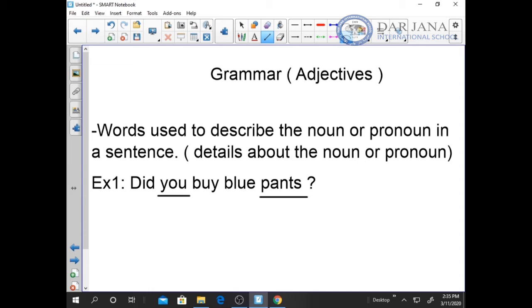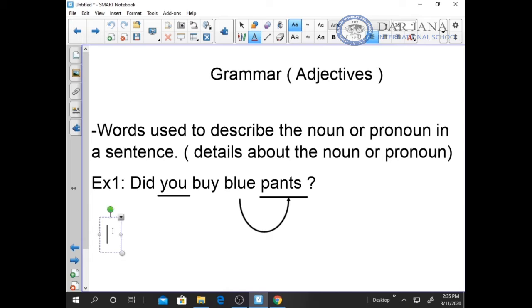Is there any word describing you? No, I don't have. Is there any word describing pants? Yes, I have. So I ask myself, what kind of pants I'm talking about? So I will find the answer, which is blue pants. So here in this sentence, I have the adjective blue describing the noun pants.